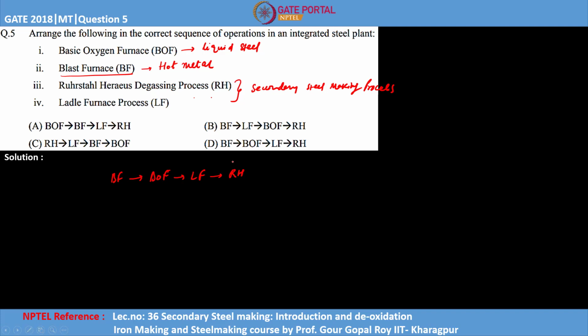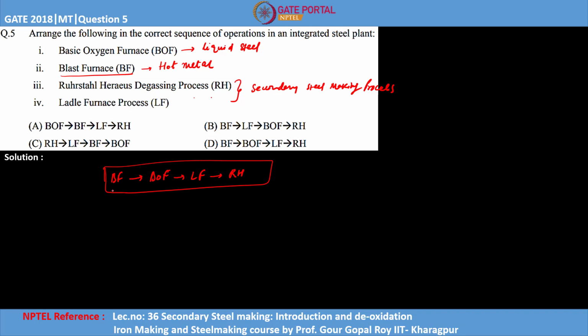So basically it's a circulation based degasser which is used to produce very ultra low carbon or impurity free steels, right? So this is the correct sequence in an integrated steel plant.